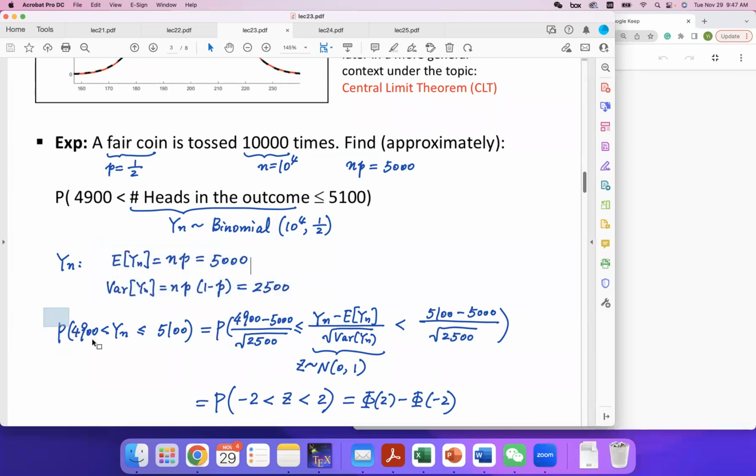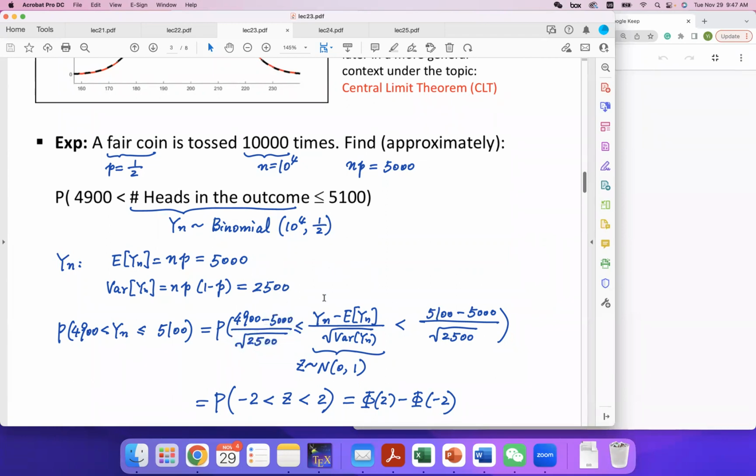So we are looking at the probability of this event, Yn between 4,900 and 5,100. Since we are approximating Yn using a Gaussian distribution, we can consider normalization. So Yn, let's subtract the mean divided by the standard deviation. The mean is 5,000, and the standard deviation is the square root of the variance.